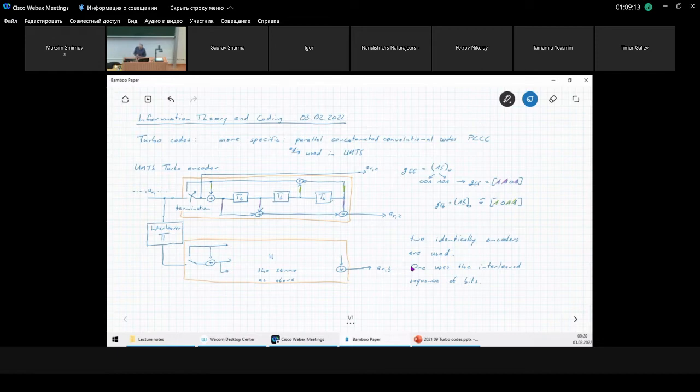Again, this is actually the structure that you will find if you look in the standard where the UMTS physical layer is defined. You will find a block diagram pretty similar to this one. Okay, but now let's have a look at the interleaver, because this is an important part also for the understanding.